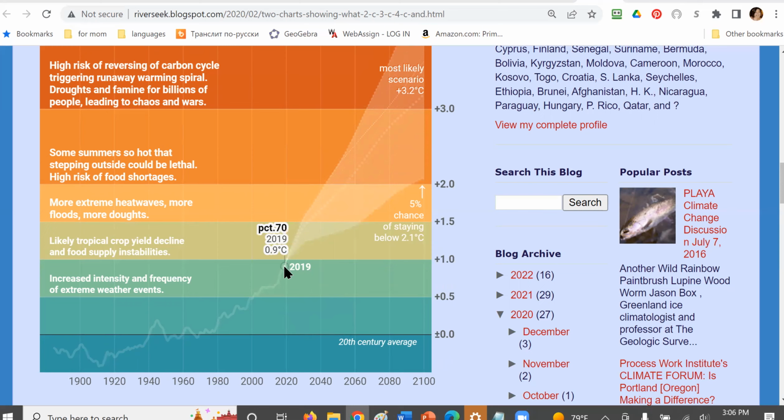Well, but we're on the brink right now of this level, which is likely tropical crop yield decline and food supply instabilities. But then if we go up, we have some summers so hot that stepping outside could be lethal, high risk of flood, food shortages, sorry.